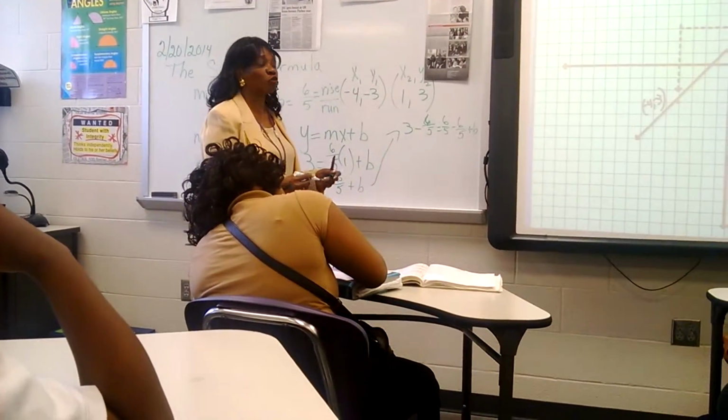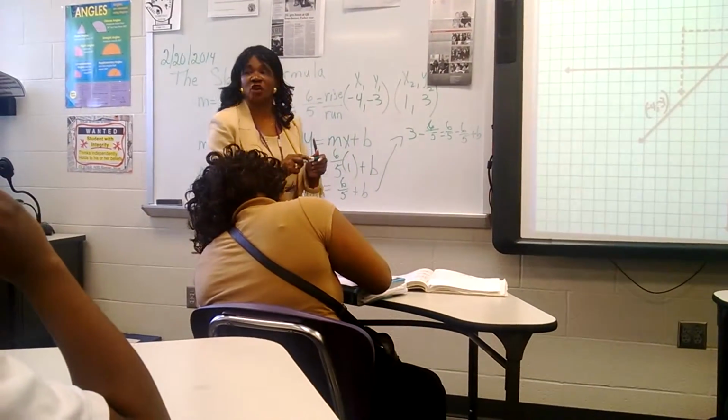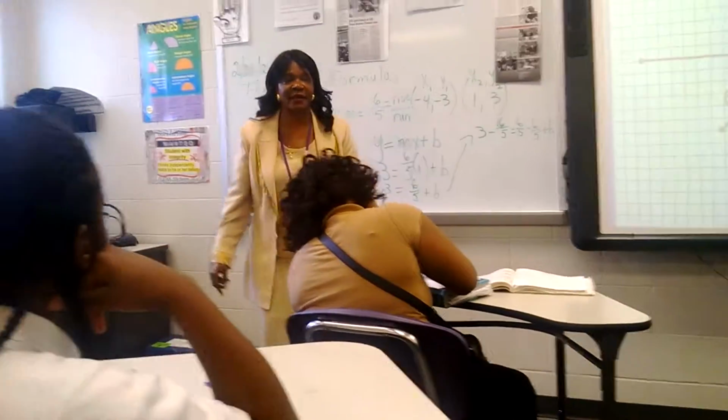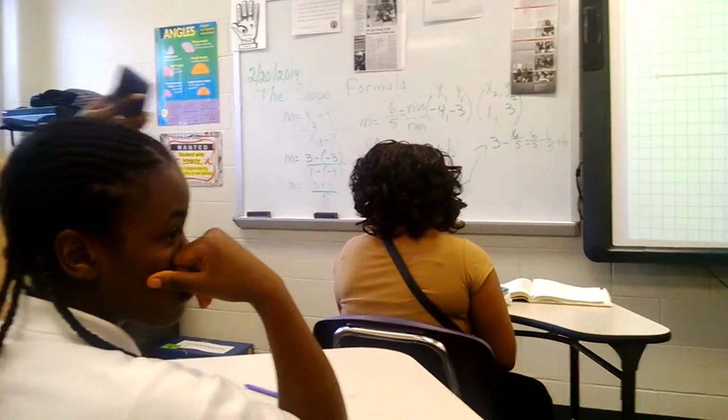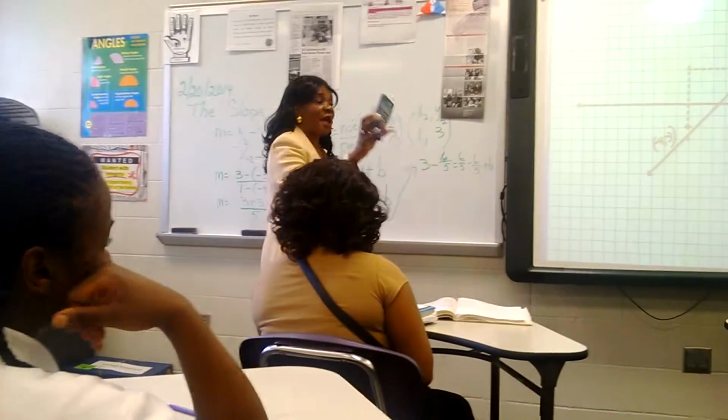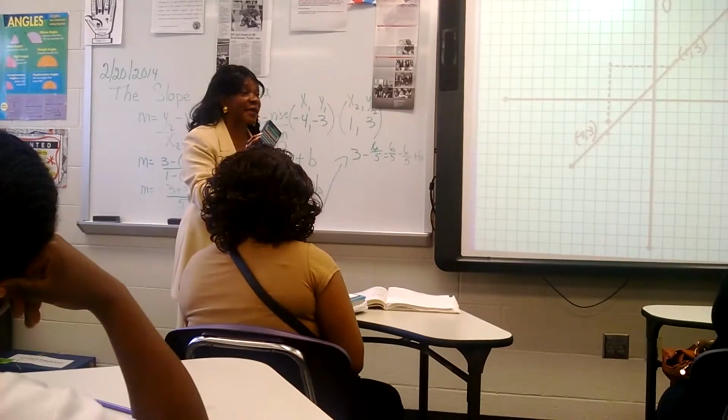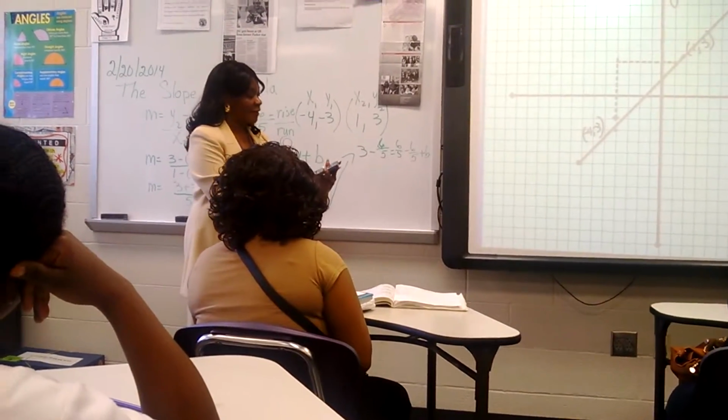Now I can go old school and do this, but we need to go ahead and use our graphing calculator, or we can use our fraction calculator. And for those who are struggling doing fractions, I told you, just get your little fraction calculator. It'll work for you, okay? Let's key it in.